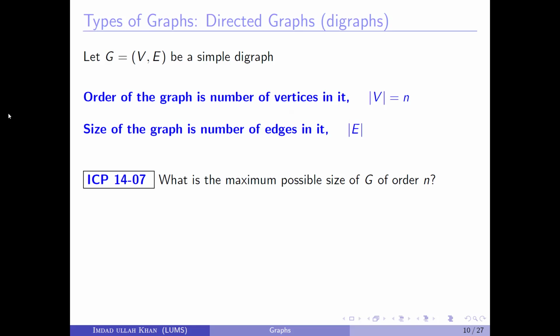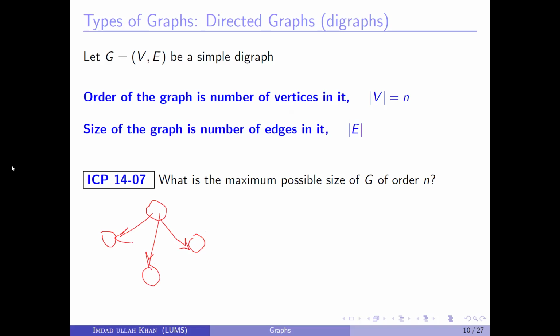If you have figured it out, you might have come up with this kind of analogy. For example, we have 4 vertices. This vertex is connected with everyone else because we are interested in the maximum possible number of edges. So at max, this vertex can be connected to 3 more vertices.